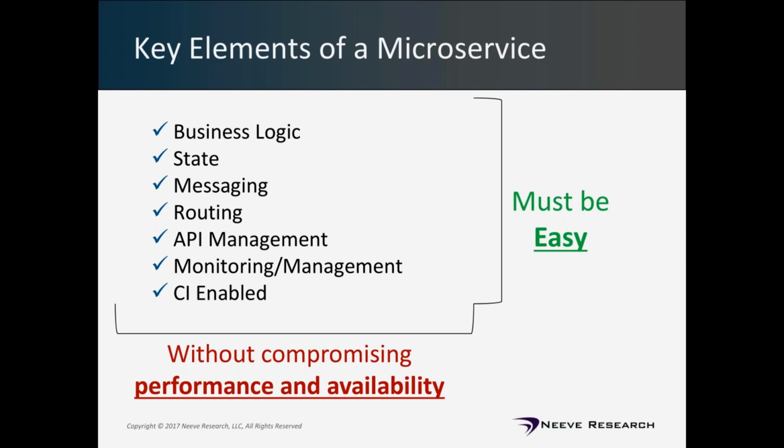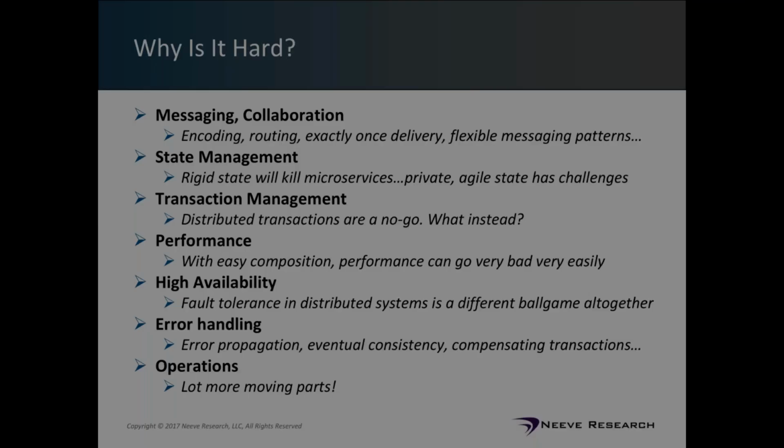However, in order to really meet the promise of microservices, all of this must be doable very, very easily and without compromising on performance and availability. That is the key challenge that a microservices-based infrastructure needs to address.